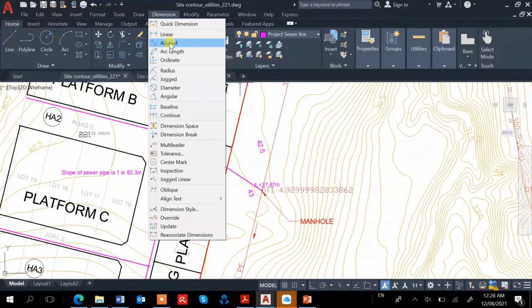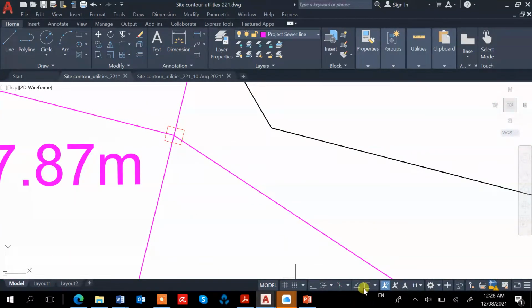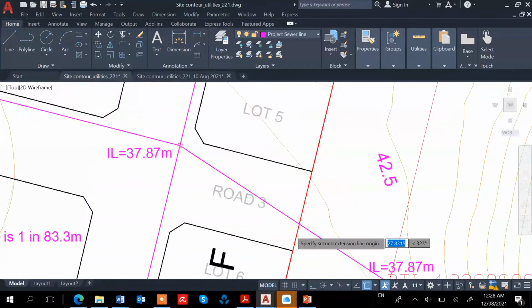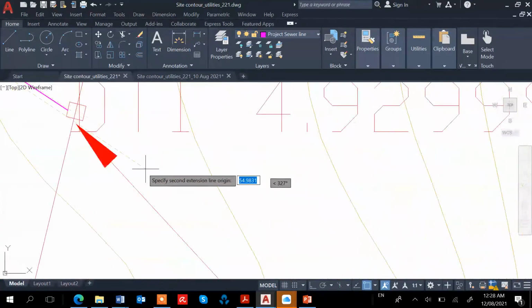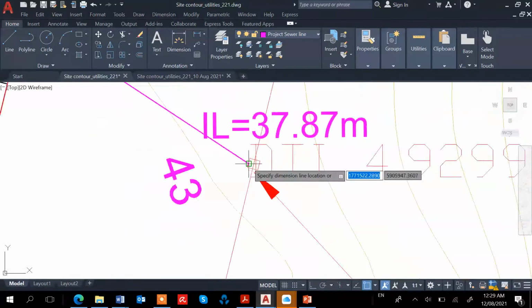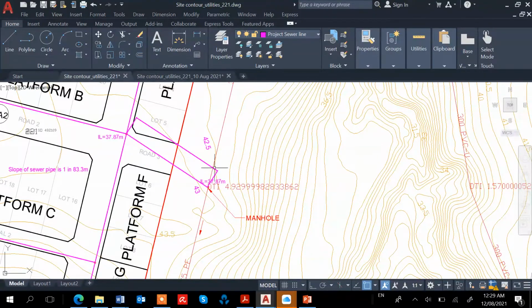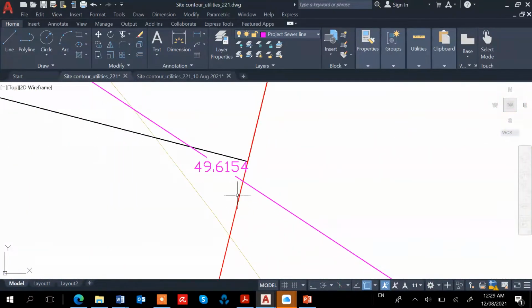So I just find the distance, from here to here, at this point, which is 49.61, 49.62 meter. Okay, 49.62.